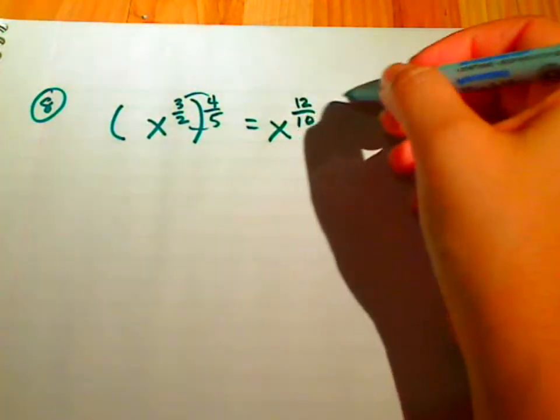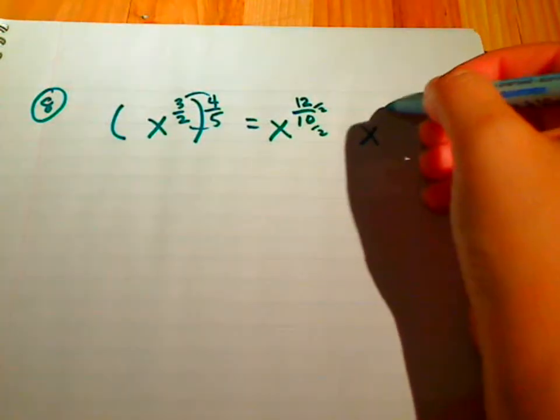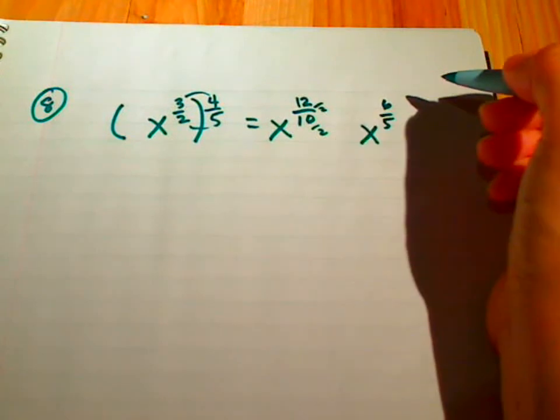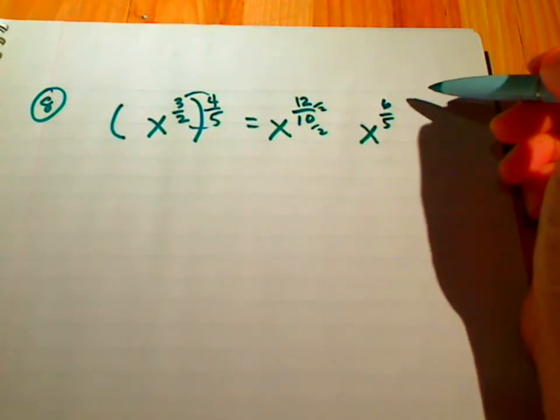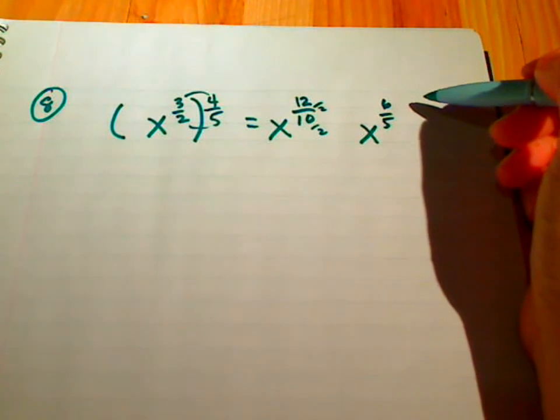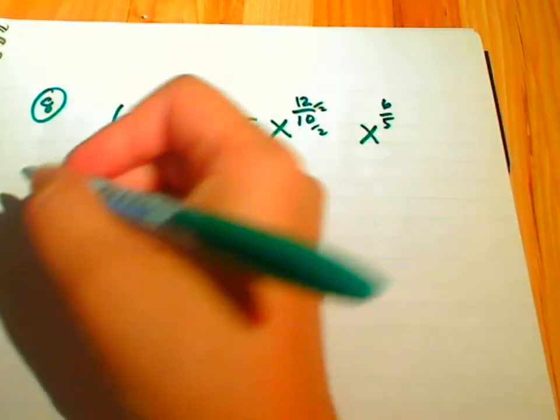And what you always need to do is reduce your fraction. So if you divide each part by 2, you get x to the 6/5. So that's all you need to do for this one. So finish up your problem.